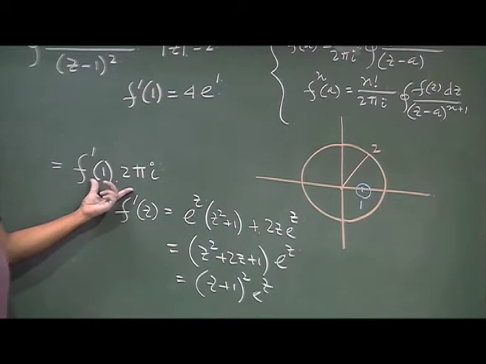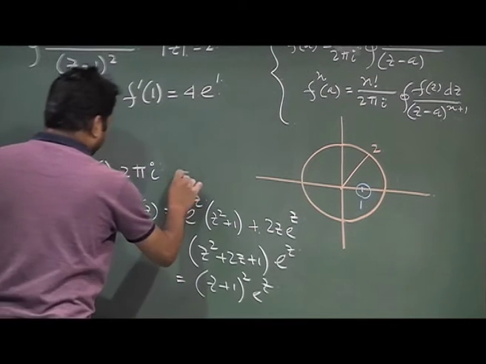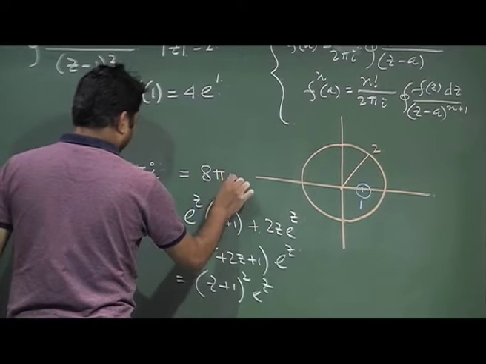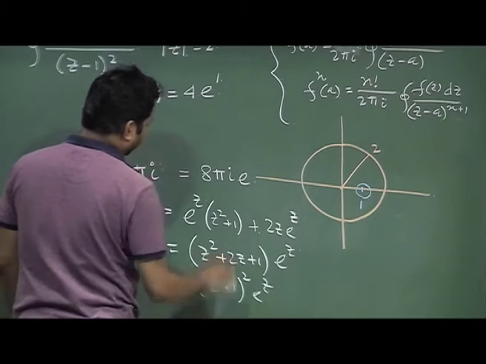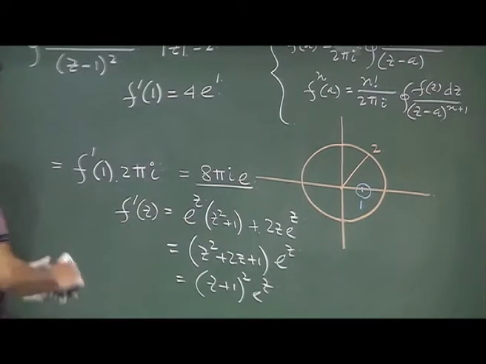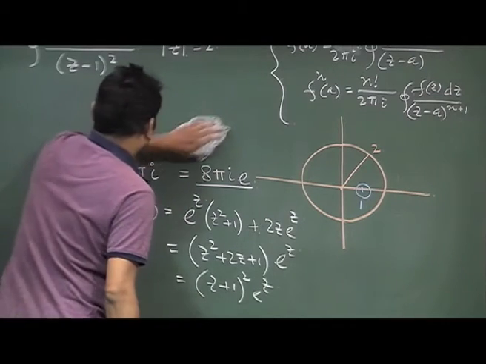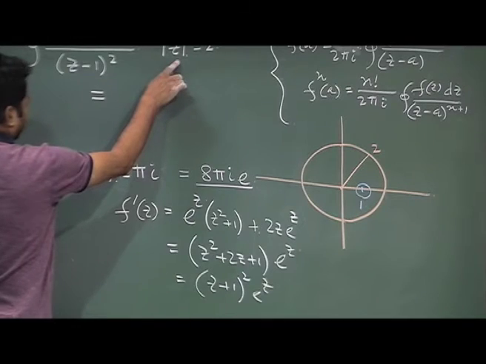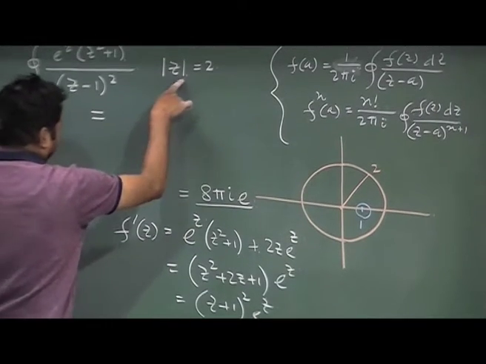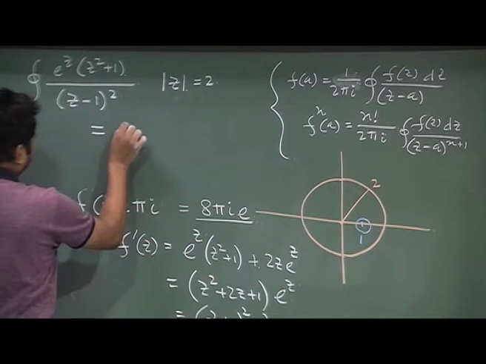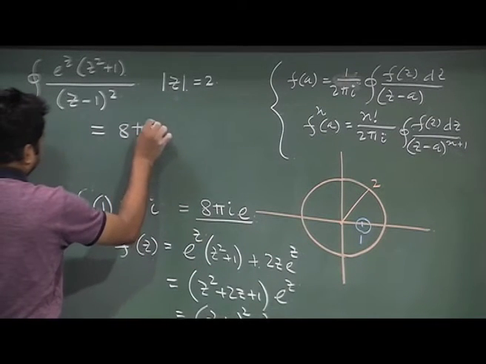So, now my total value is this. The integration is 8 pi i multiplied by e. That is the value of the integration that I wanted to find. So, this equation, when I am evaluating it over the region |z| = 2, the value comes out to be 8 pi i e.